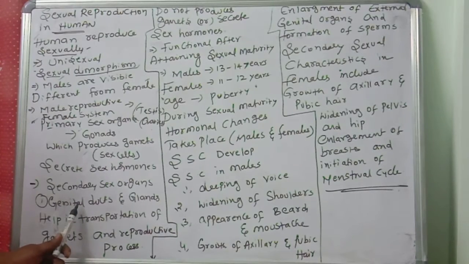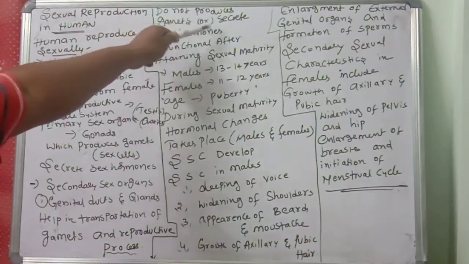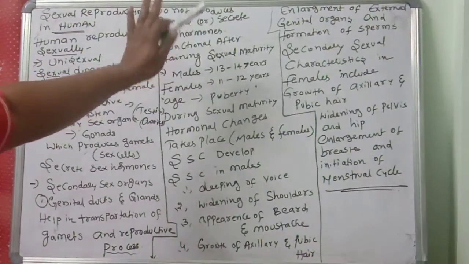These secondary sex organs, genital ducts and glands, help in the transportation of gametes and in the reproductive process. Genital ducts do not produce gametes or secrete sex hormones.